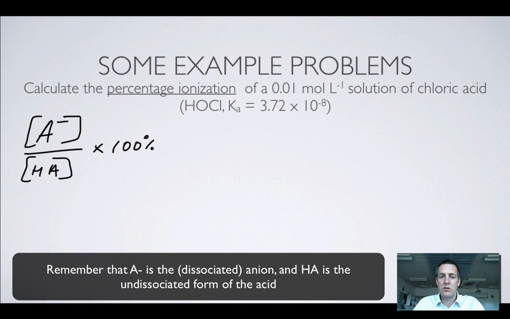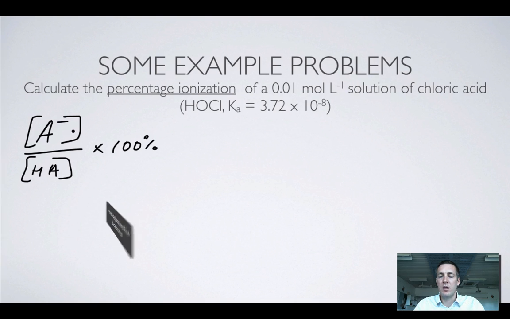Okay, so that's all I've got to find. I've got to find the concentration of A minus and divide it by the concentration of HA multiplied by 100%. But remember that the concentration of A minus is the same as the concentration of H plus. So in other words, I can say that the answer to my question is going to be given by this expression.